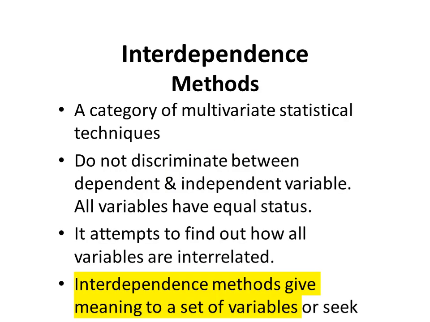So the interdependence methods, as I've said, find out how all variables are interrelated. So we're going to define how the two are interrelated. Another example: the dependent variable is the pollution levels. What are the independent variables? We have the emission controls or the industrial activity.